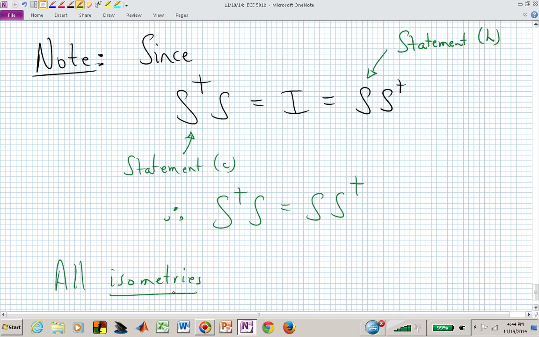So all isometries obey S dagger S equals S S dagger, which is really saying that S and S dagger commute, which is another way of saying S is normal. So if we have an isometry, any isometry or all isometries are normal.